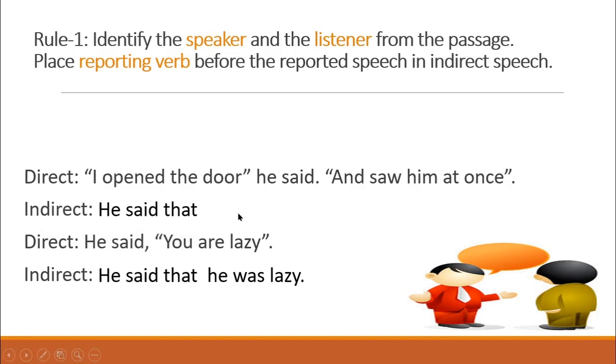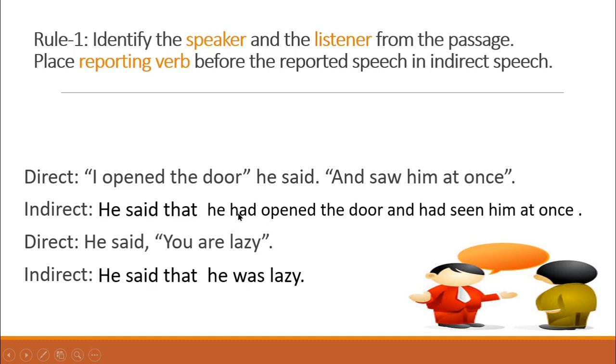He said that he had opened the door and had seen him at once. So here we have two sentences. We changed the person of the reported speech according to the subject of the reporting verb. So "I" changed to "he" here.